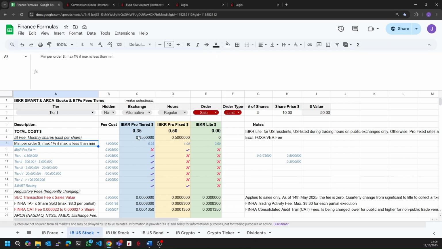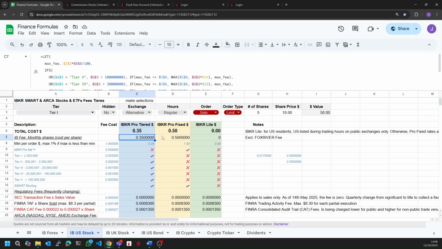So this minimum order will apply if the trade is less than minimum fee, and 1% will apply for penny stocks, whatever it is less. For example, if for penny stocks 1% is less, so 1% will apply.